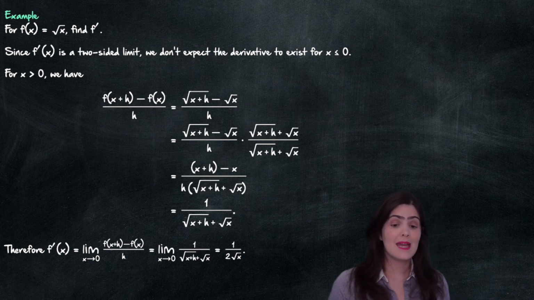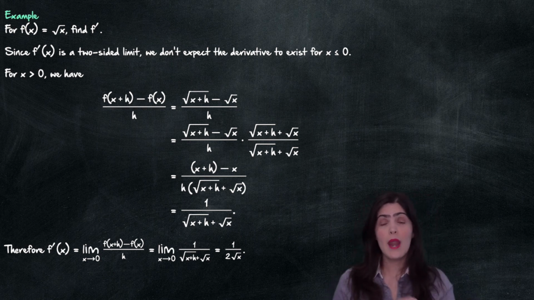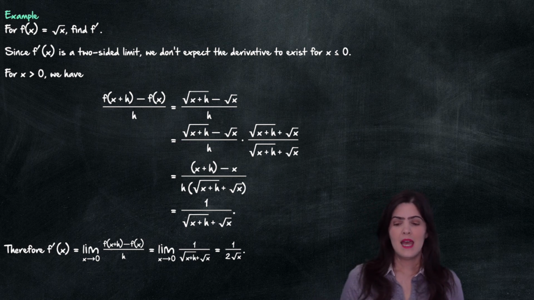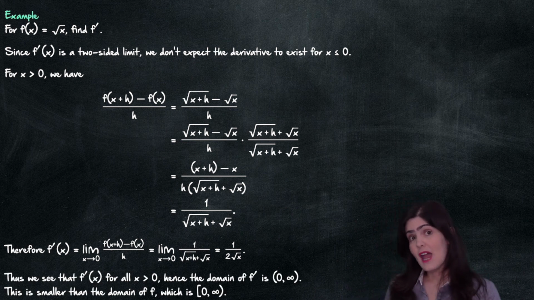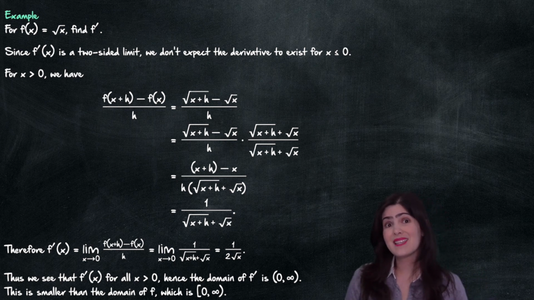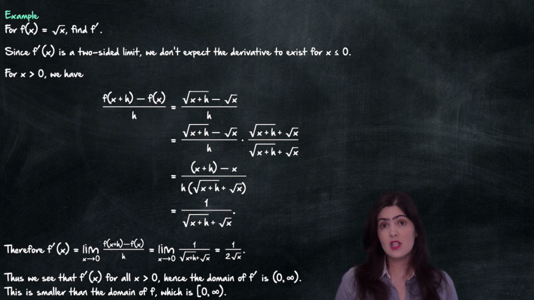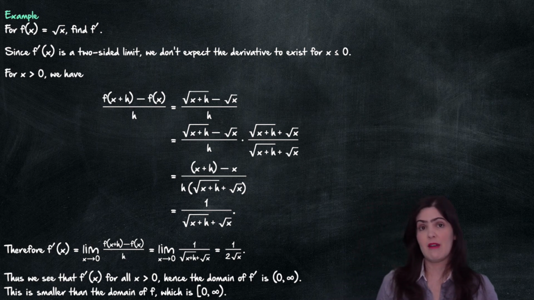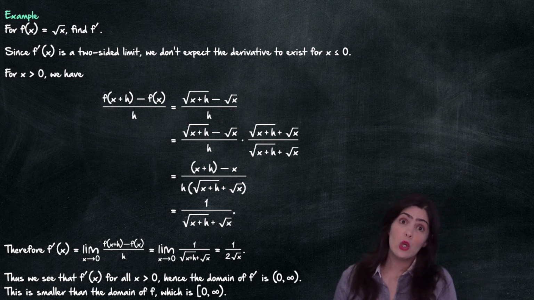And that shows me that the derivative of the square root function is given by 1 over 2 square root of x. And as we see here, the function f prime is only defined for x's that are greater than 0. So the domain is open at 0. And this is smaller than the domain of my function f, which was originally defined to include the point 0.